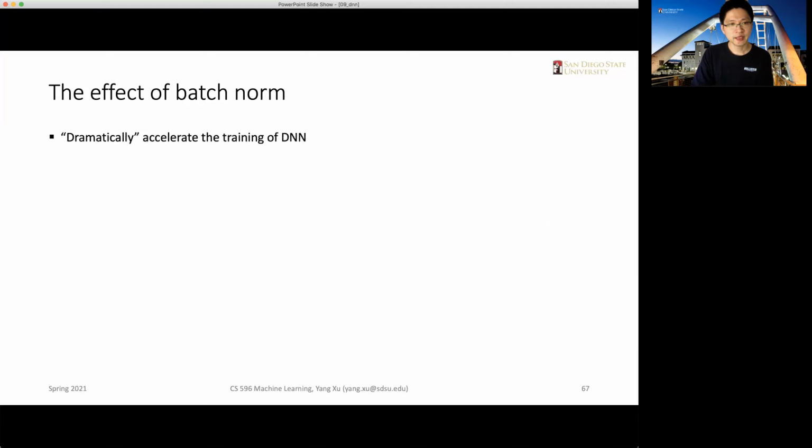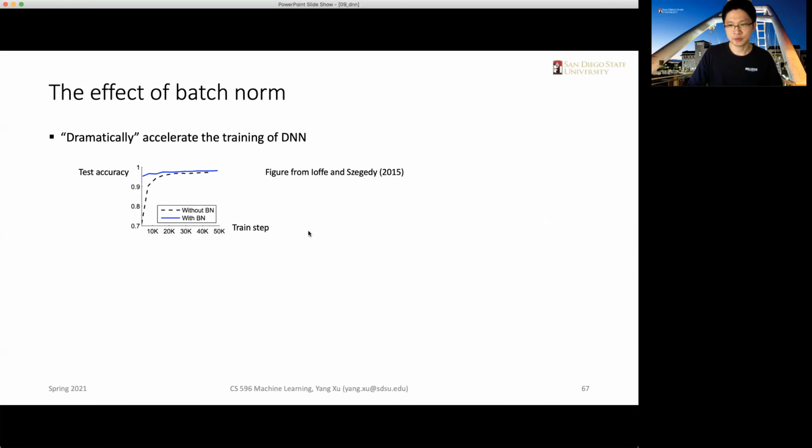So more effects about batch norm. It can dramatically accelerate the training of a deep neural network, and improve the testing accuracy. First, let's look at the convergence speed. Without batch norm, the accuracy increases with a slow slope.